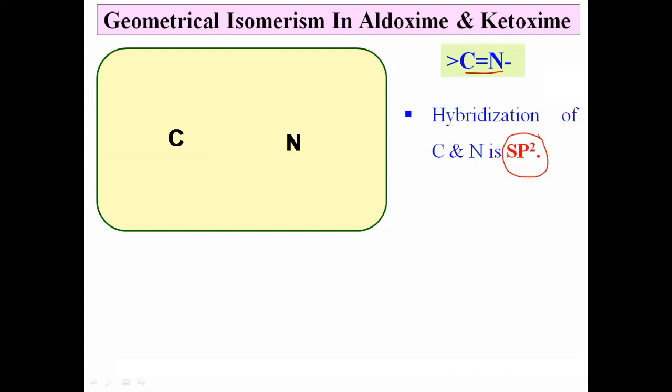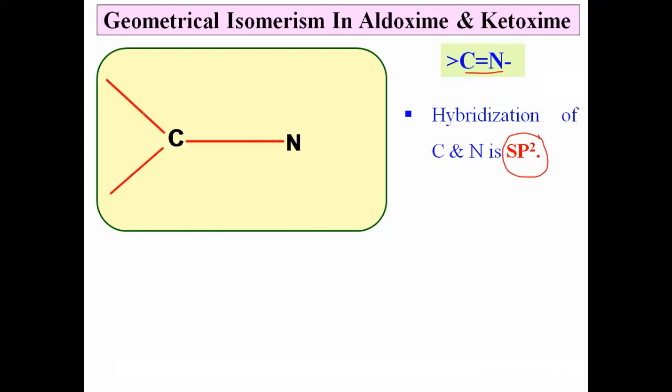म्हणजे one s orbital and two p orbitals, they mix up and recast. Means there are 3 sp2 hybrid orbitals, and here the sp2 hybrid orbital of carbon overlaps axially with the sp2 hybrid orbital of nitrogen to form a sigma bond. This is the sigma bond between carbon and nitrogen.